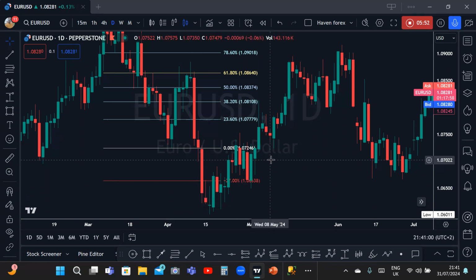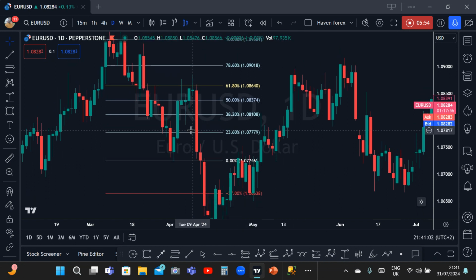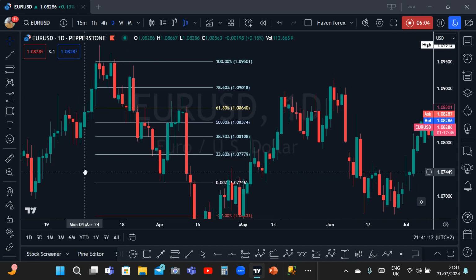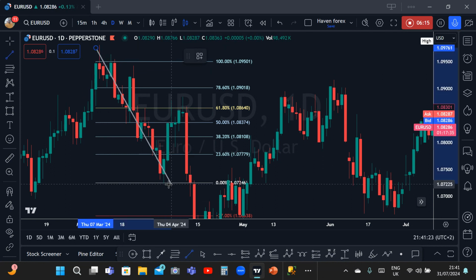Then we have the 50%. All right, the 50% indicates a halfway retracement of the initial move. So when there's a move, when it's retracing, it will retrace up to the 50% of this length from here to this point.